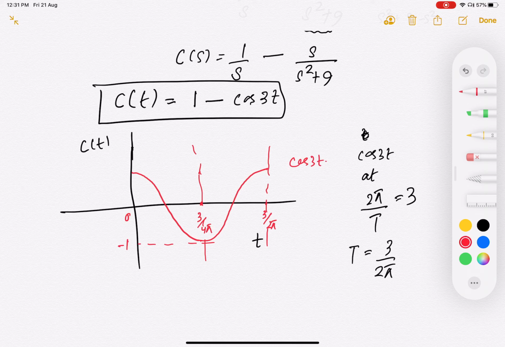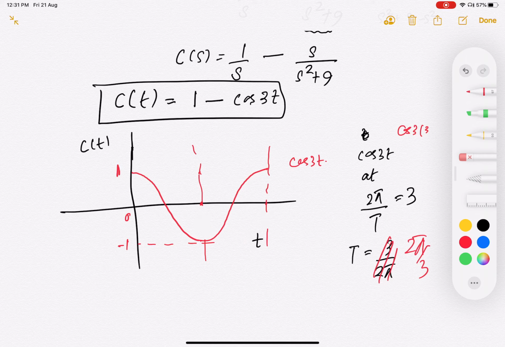This is minus 1, this is 1. So at t is equal to 0, it is 1. At t is equal to 2 pi by 3, I should have written that, I wrote it upside down.